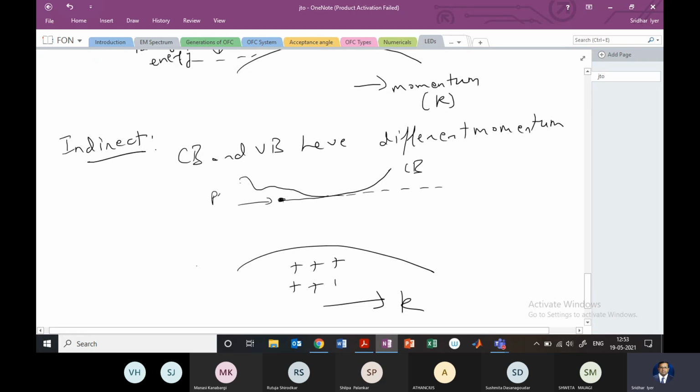So I'm not going into the details of that. We have the phonons here. So the photon energy will be because of photons plus phonons. Okay, and this will be the transition.